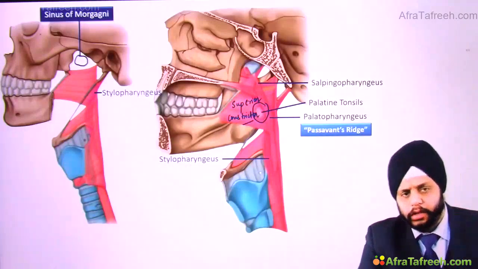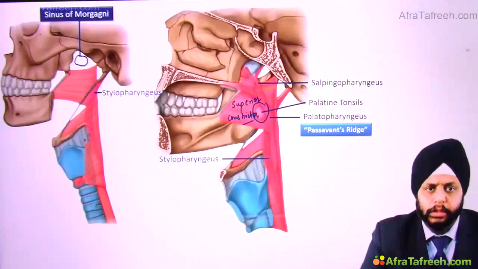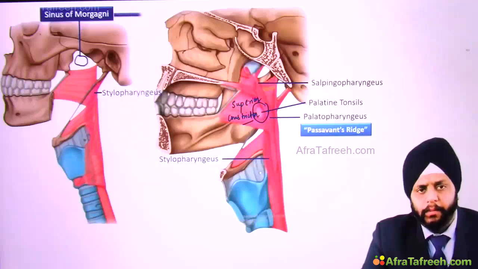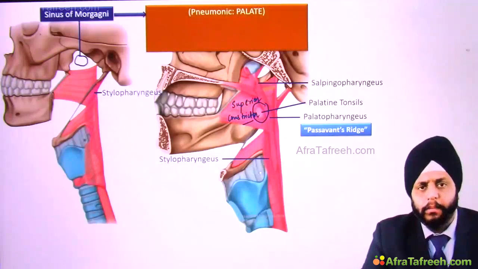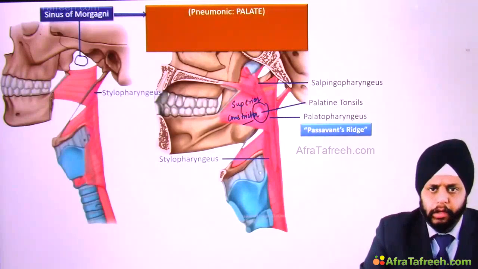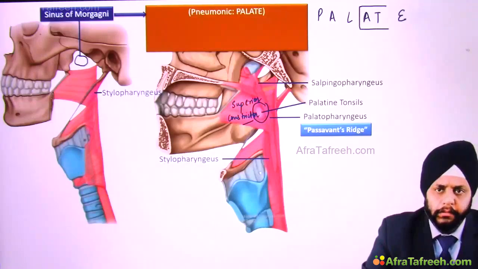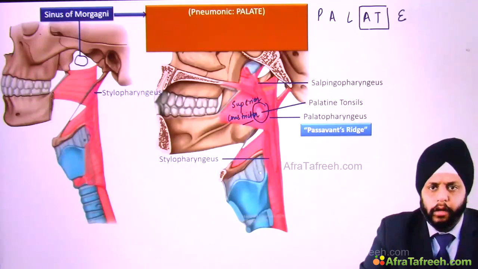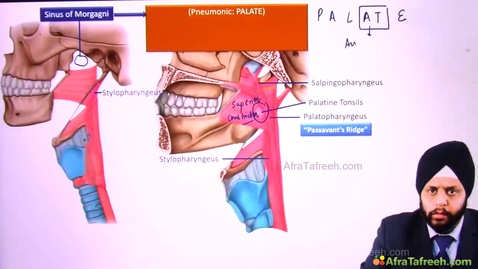Four important structures pass through the sinus of Morgagni, and we can remember them with the help of the mnemonic PALATE. Now what do I mean by the mnemonic PALATE? You see, PALATE we can divide into AT. AT stands for auditory tube, or eustachian tube.